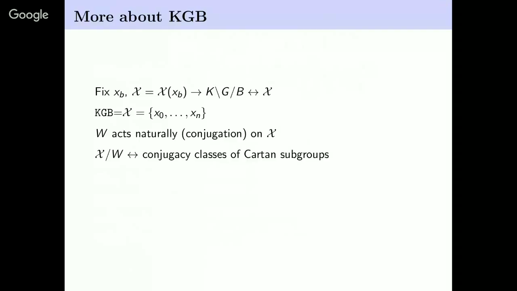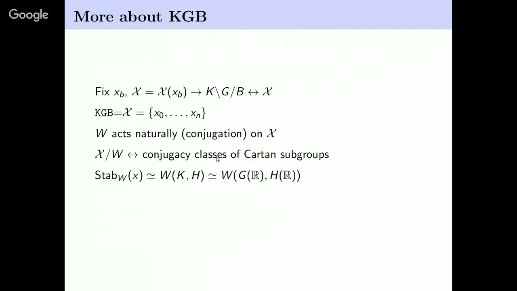So when I've been talking about having a Cartan associated to an element x, well, that's this statement. There's a map from this space X to the conjugacy classes of Cartan subgroups, and it factors through this quotient by W. And another important fact is that W acts on X, and the stabilizer of an element is the so-called rational Weyl group.